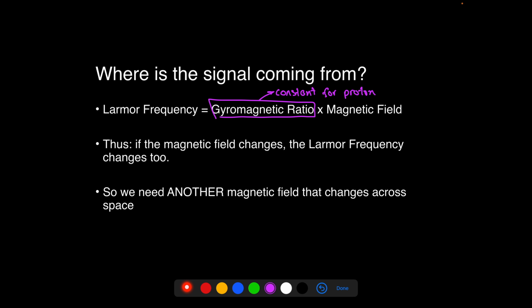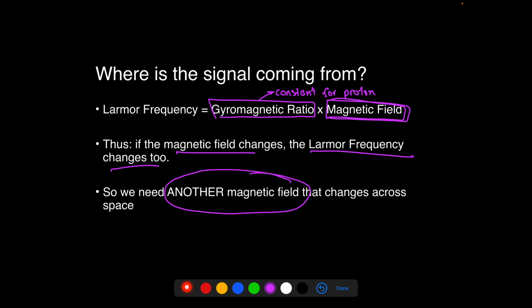So what we consider here is changing the magnetic field. If we change the magnetic field, the Larmor frequency will change as well. So all we need in an MRI machine to figure out where the signal is coming from is another magnetic field that changes across space in a way that we already know.